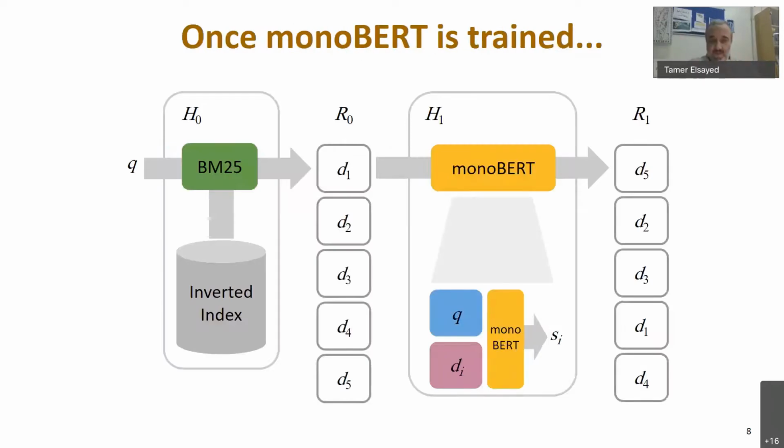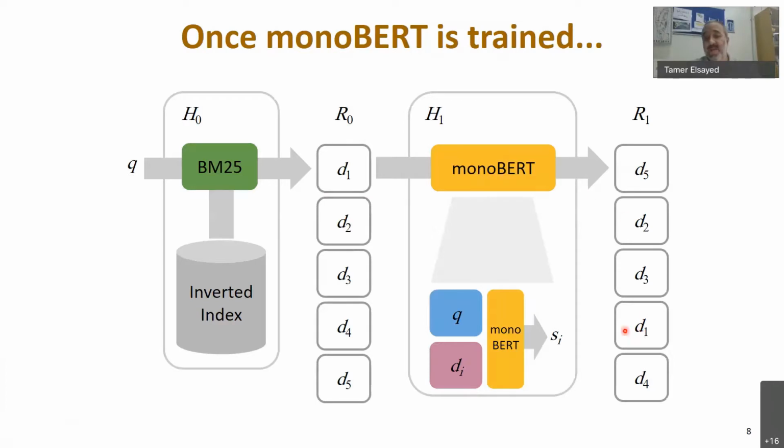So this is an overview of MonoBERT. You give the query to BM25 using the inverted index. It will give us an initial list of documents. Then you pass it to MonoBERT, and MonoBERT will re-rank it.